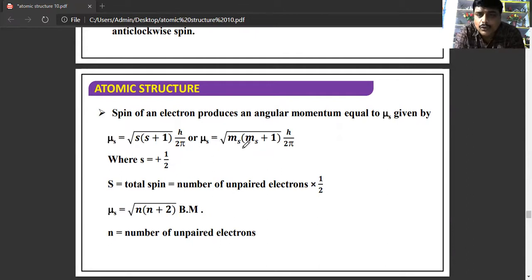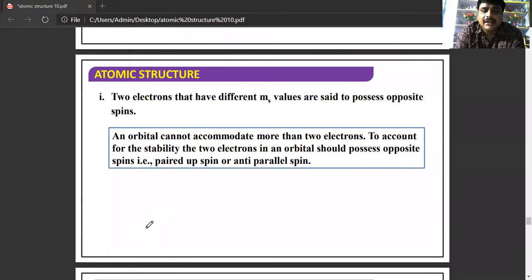So mu is equal to root of n into n plus 2 Bohr magneton, where n represents the number of unpaired electrons. The two electrons that have different spin quantum numbers are said to have opposite spins. For stability, two electrons in an orbital should possess opposite spins.